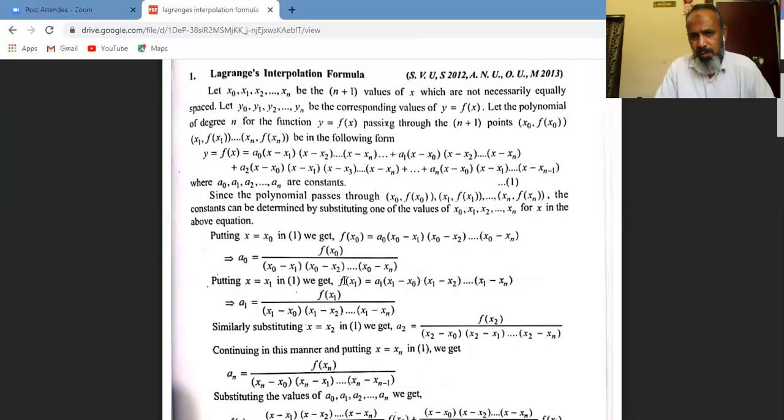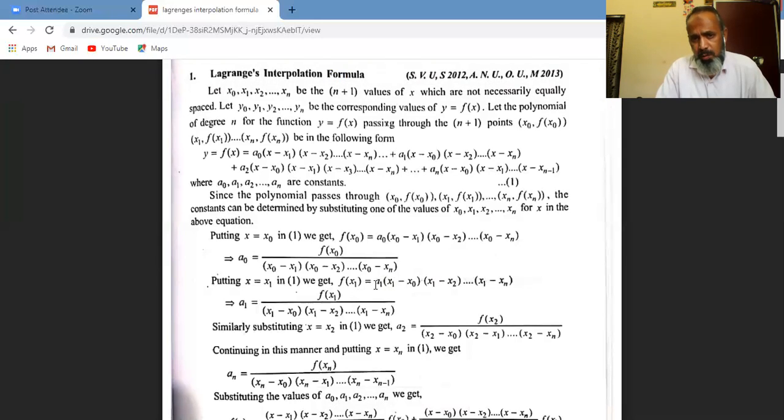So this result we get when we substitute x equal to x1 in the function y equal to f of x. So f of x1 is equal to a1 into (x1 minus x0)(x1 minus x2) up to (x1 minus xn). Here there will not be a factor (x1 minus x1).